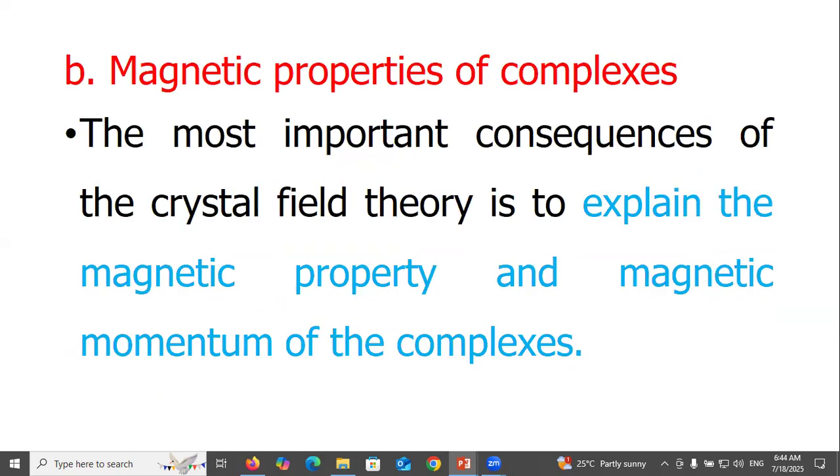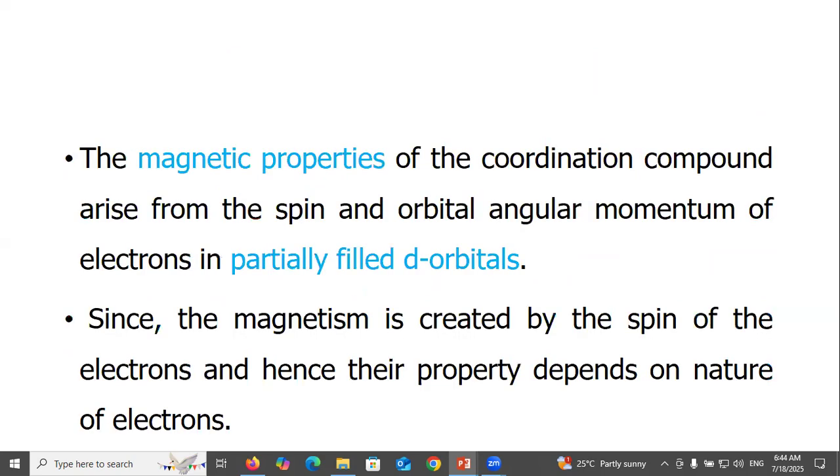Magnetic properties of complexes. The most important consequence of the crystal field theory is to explain the magnetic property and magnetic moment of complexes. The magnetic properties of coordination compounds arise from the spin and orbital angular momentum of electrons in partially filled d orbitals.